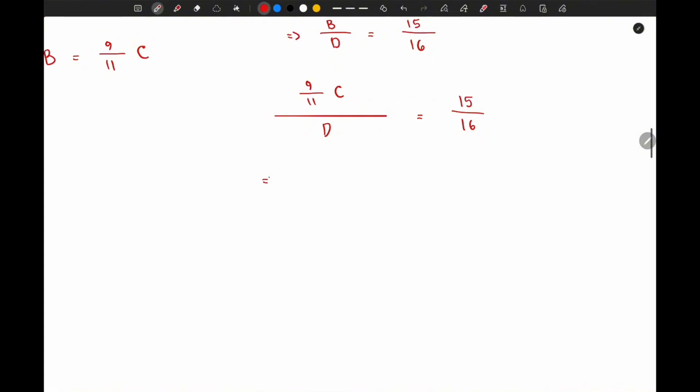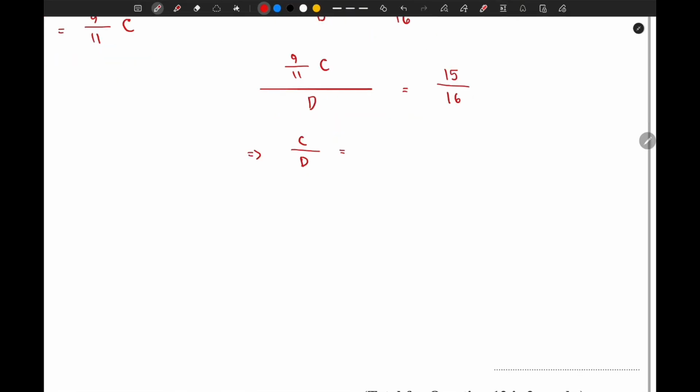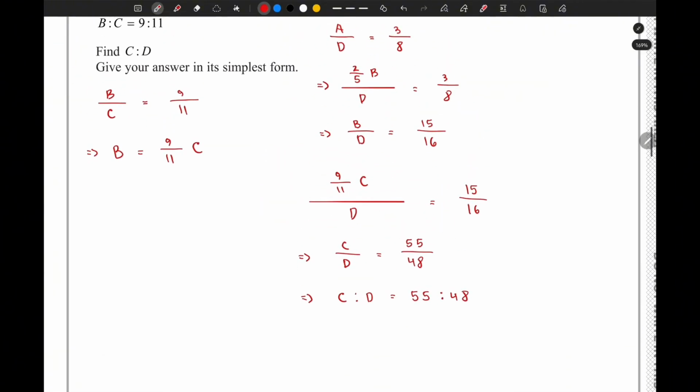Now if I take this 9 over 11 and move it to the right hand side of the equation, I will get 55 over 48. So since we need the ratio, we can write this as 55 is to 48. So this is the answer to this question.